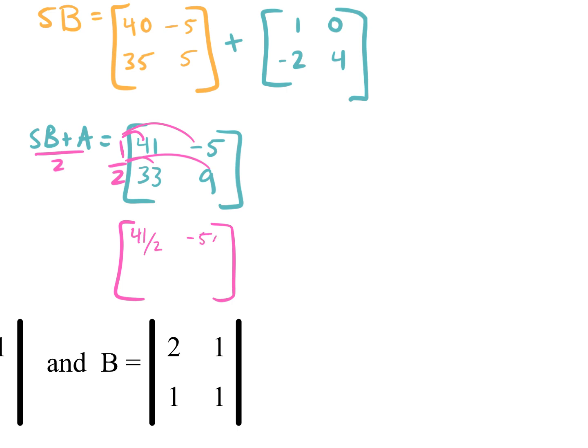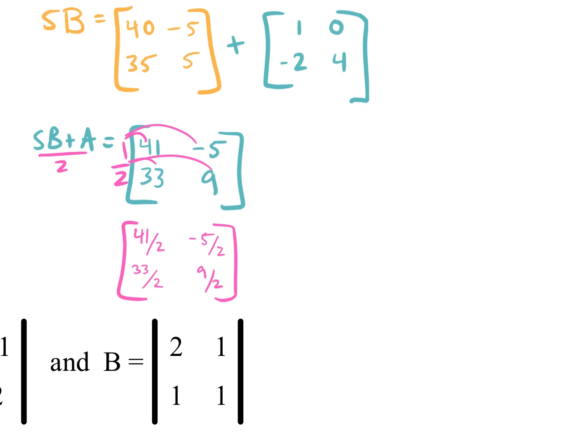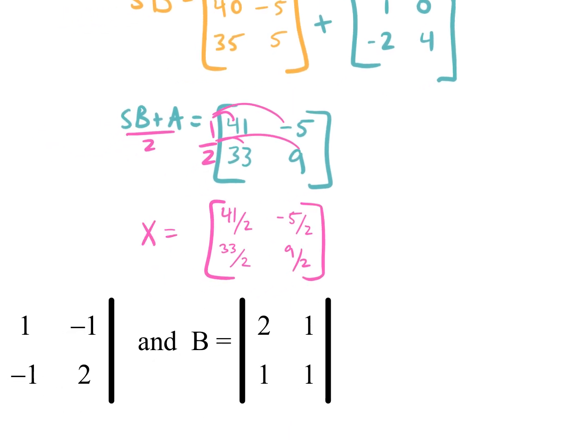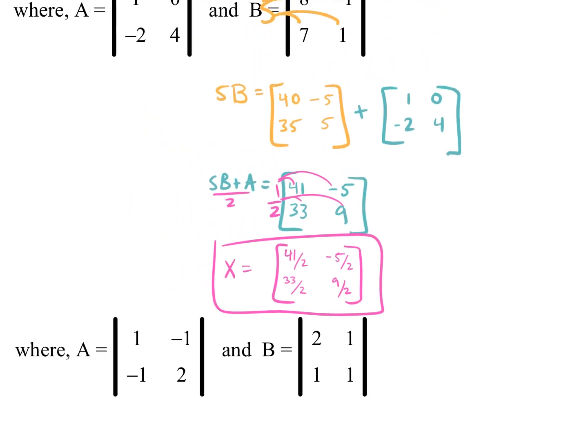Negative 5 over 2. 33 over 2. And 9 over 2. Always, always, always simplify if you can. But here, nothing simplifies. So you don't have to turn it into a decimal. You don't have to make it a mixed number. Just simplify your fraction if it simplifies. We don't have any common factors here. Nothing simplifies. So this would be our answer.